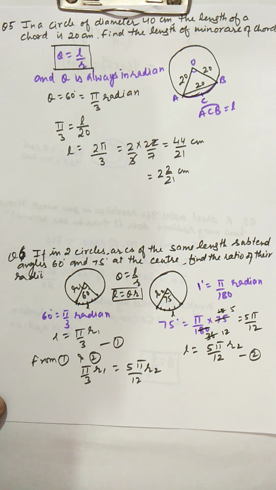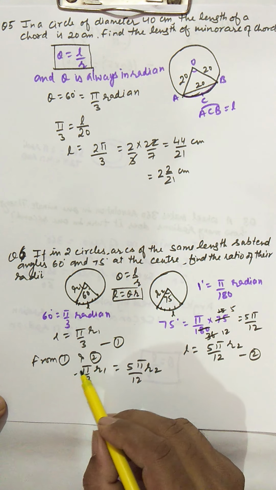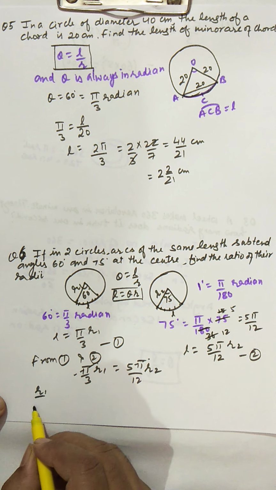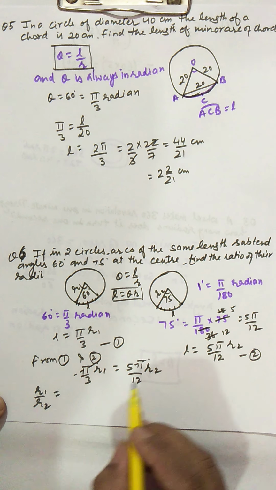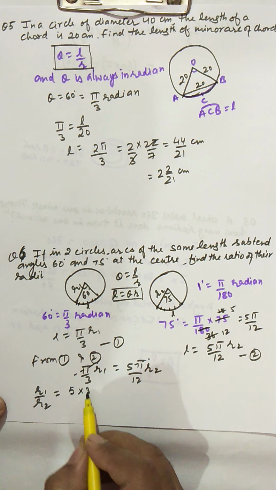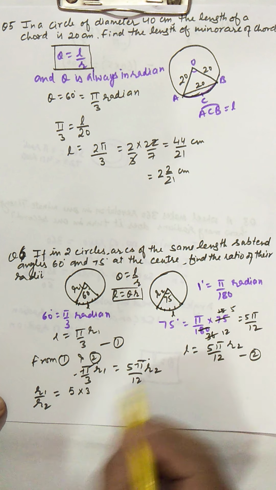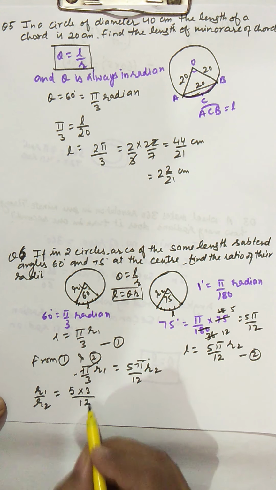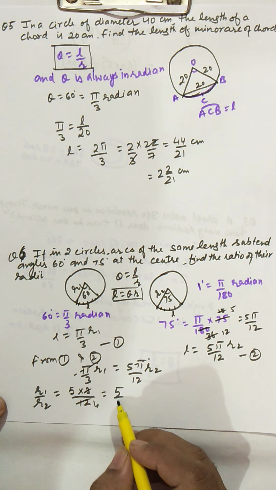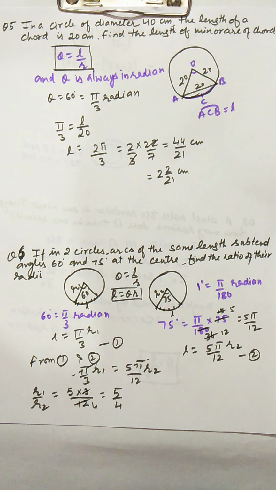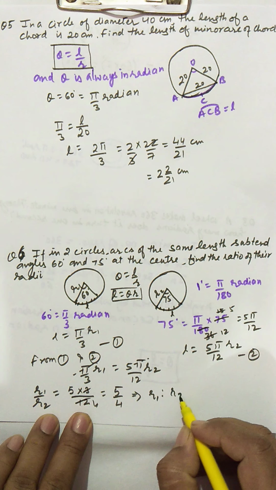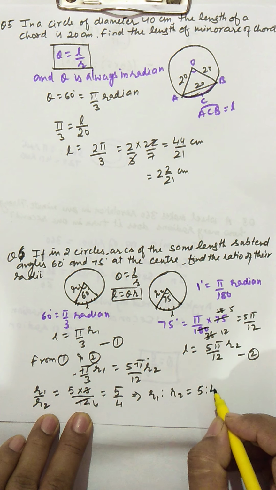We have to find R1 upon R2. So first simplify this, pi will get cancelled. R1 upon R2 will be 5 into 3, upon 12. So 3 4s are 12, and this is going to be 5 by 4. So your ratio has come, R1 ratio R2 as 5 ratio 4.